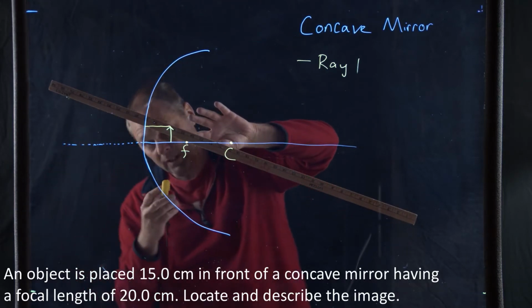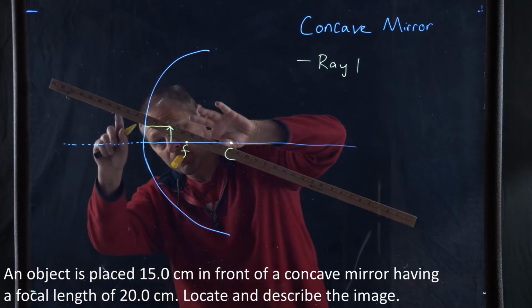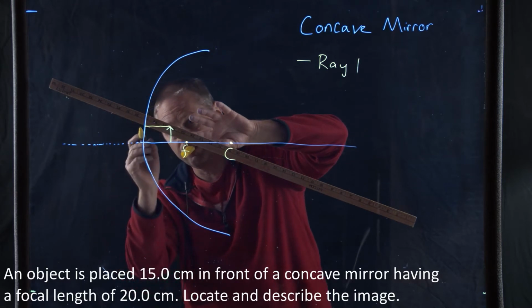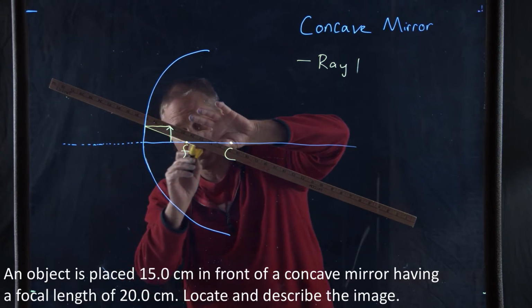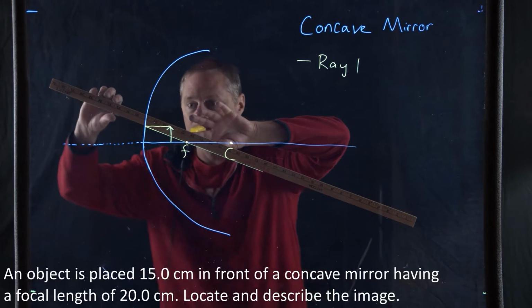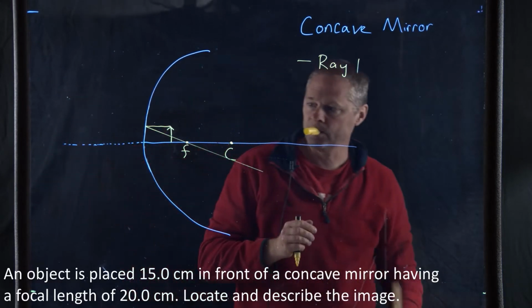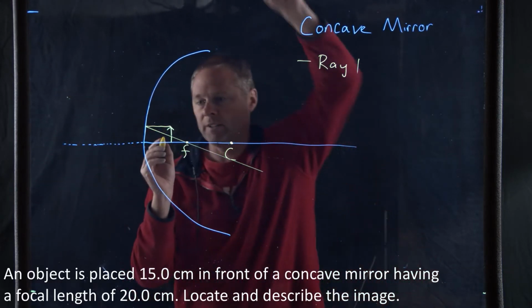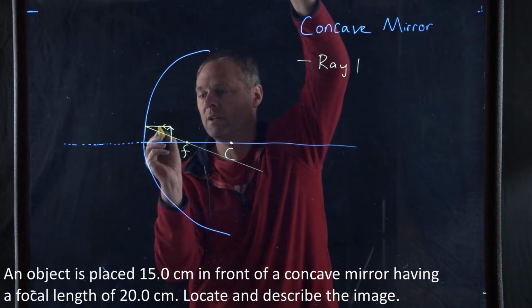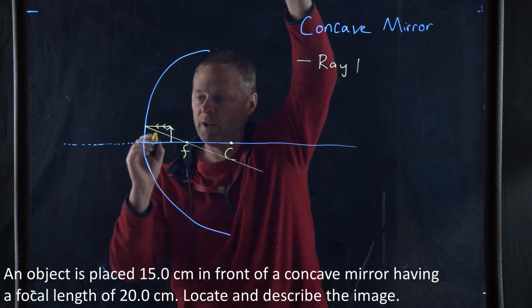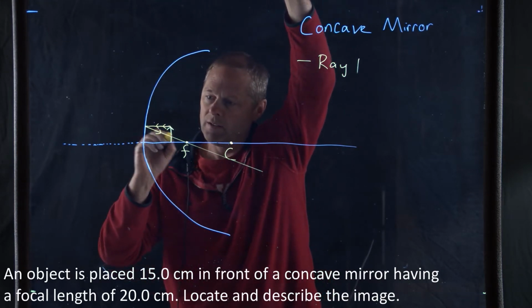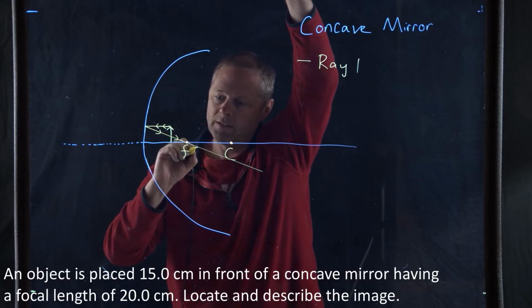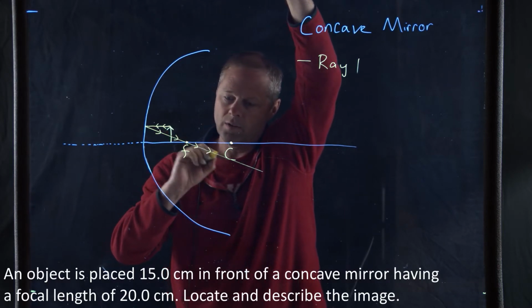So hopefully that will get it. Yep, right there. That's going to be our reflected line. So this is the incident ray, and this is now the reflected ray.